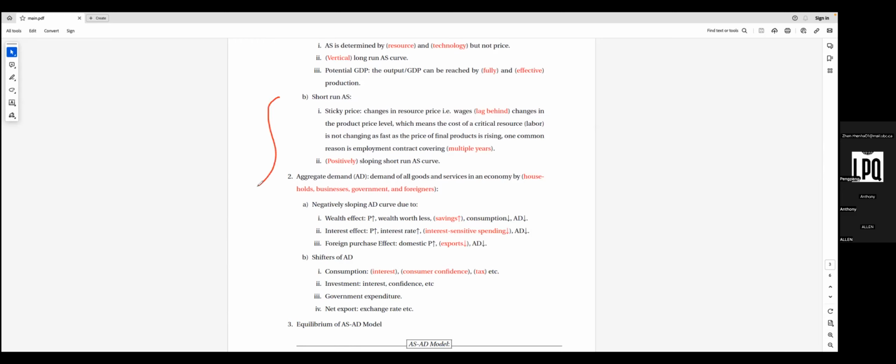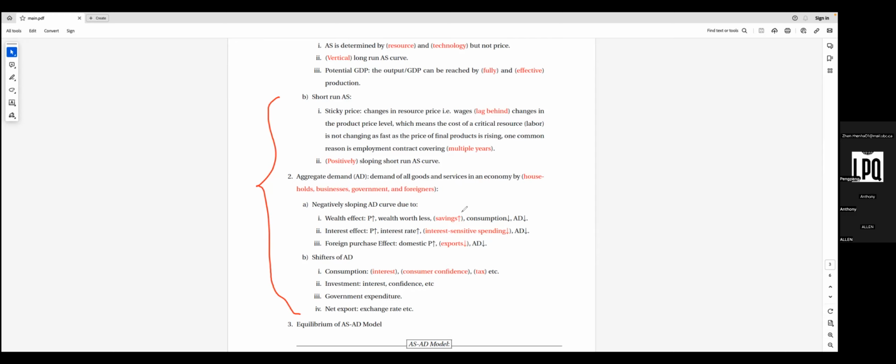But we need a more formal explanation of why short-term AS is a positive sloping curve and why AD is a downward sloping curve. For short, we can say short-term AS is positively sloping because the producers want to make more money.